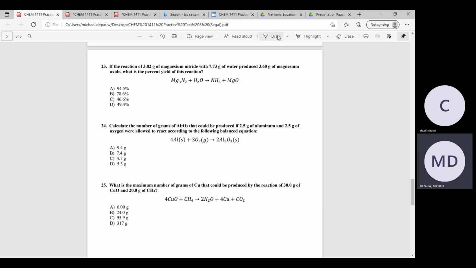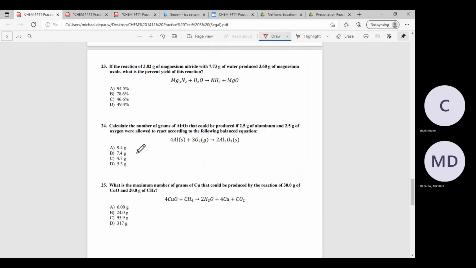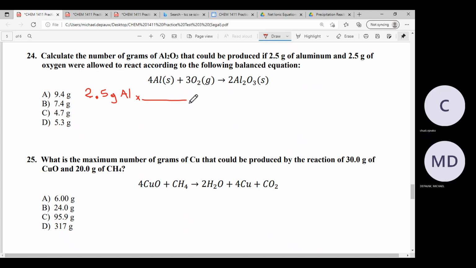So I'm going to start with my given, 2.5 grams of aluminum, and I'm going to zoom this in just a little bit. What I want to convert to is my product, grams of Al2O3.